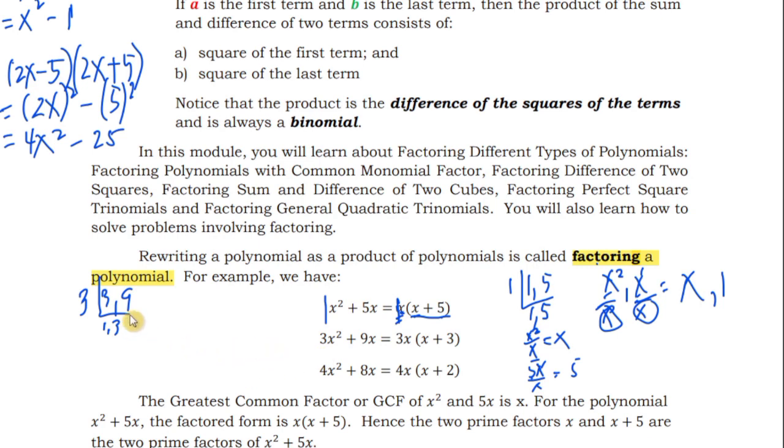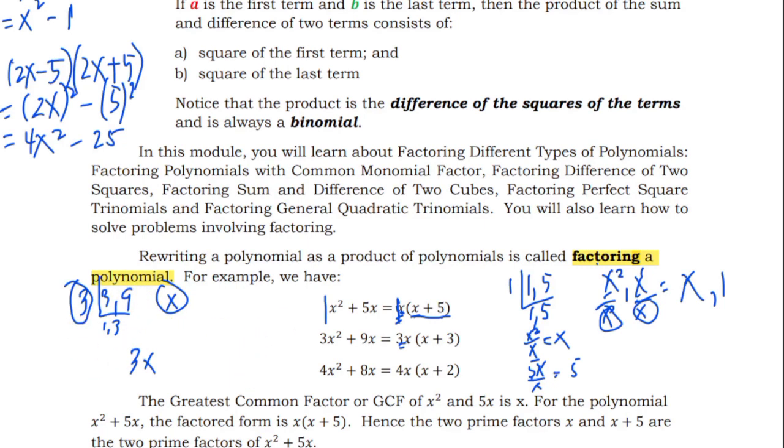We have x squared and then x, so we take the lower valued one. So 3 times x is 3x. So we are just removing the 3x and writing the first factor as 3x. So this is now the process.